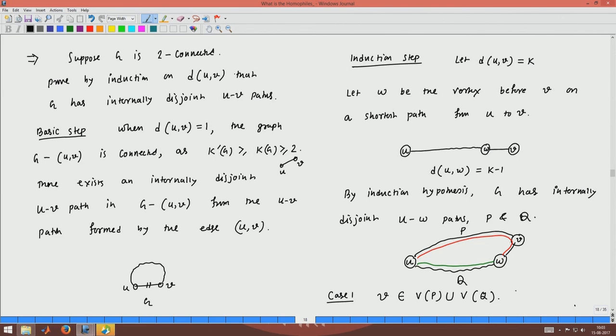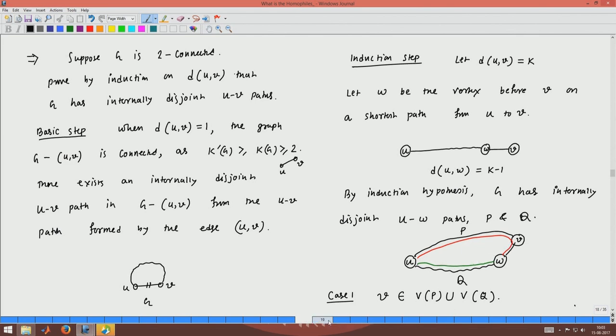So under case 1, we can say that there are internally disjoint paths between u and v. One path is this one and the other path is this one.